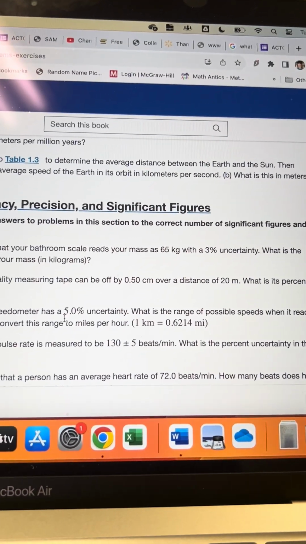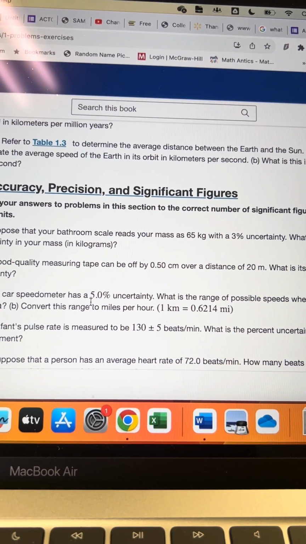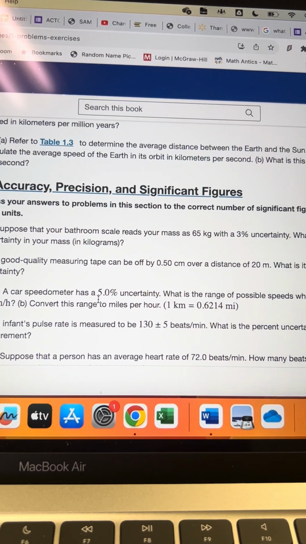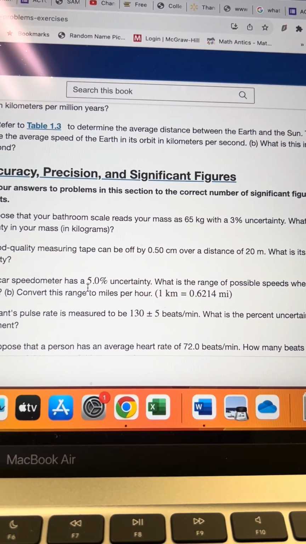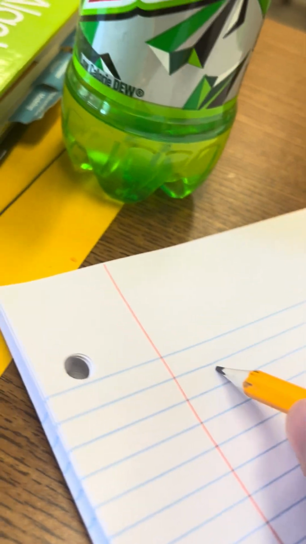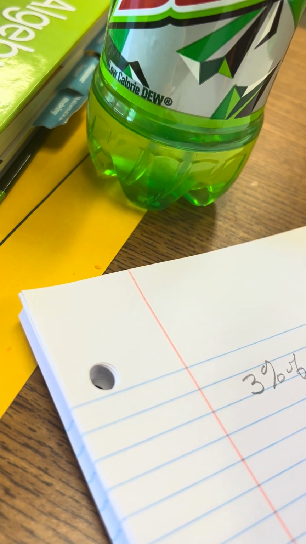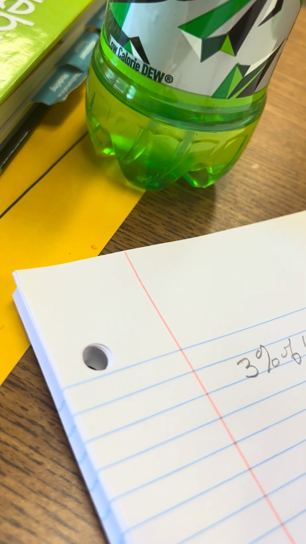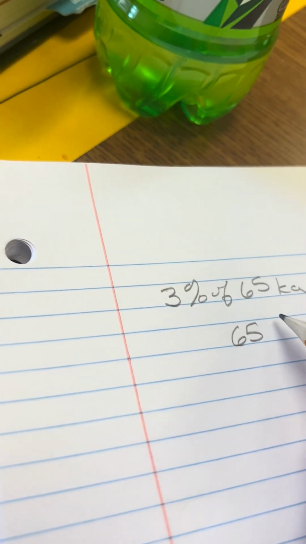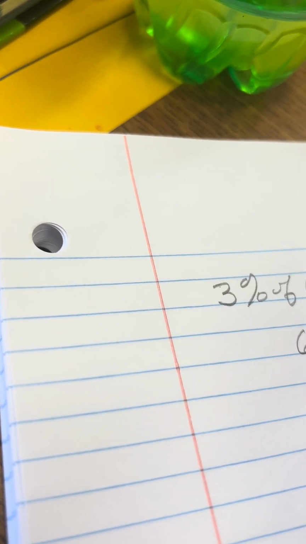So all we have to do here, they're giving us the uncertainty. They want to know what it is in a number. So all you gotta do is multiply your 65 times your 3%. And remember though, percent you want to change when you multiply. So we actually want 3% of 65 kilograms is what we're doing. We're going to say 65 times 0.03 because that's changing that into a decimal.